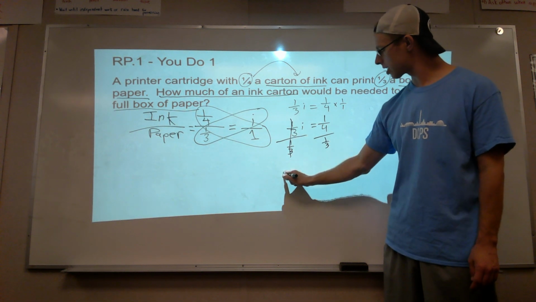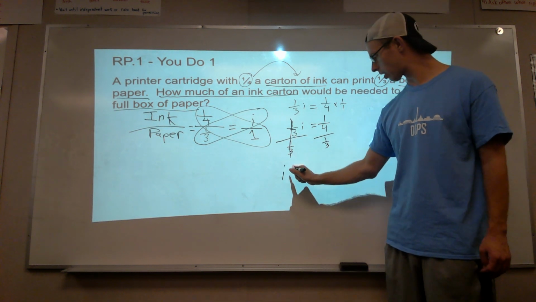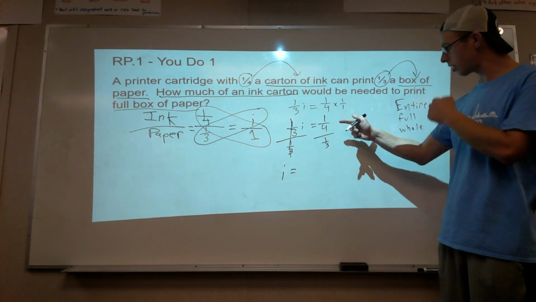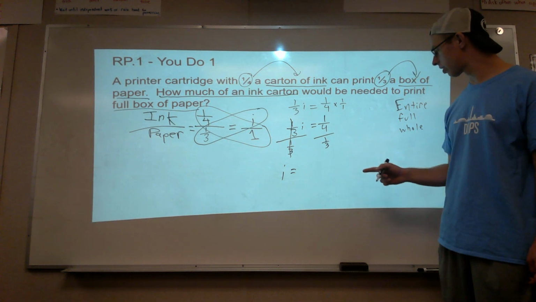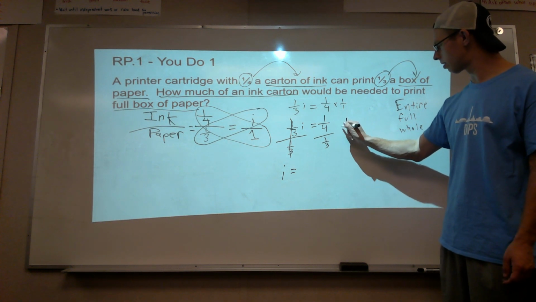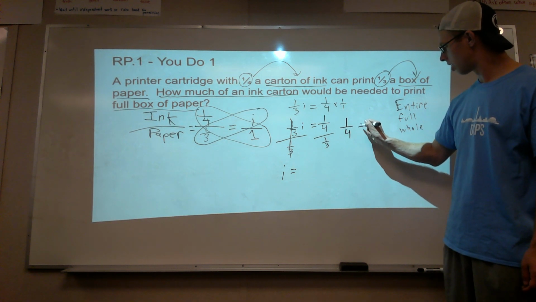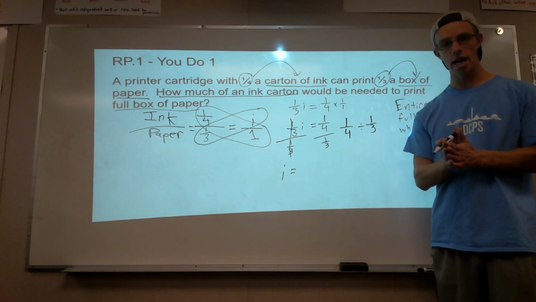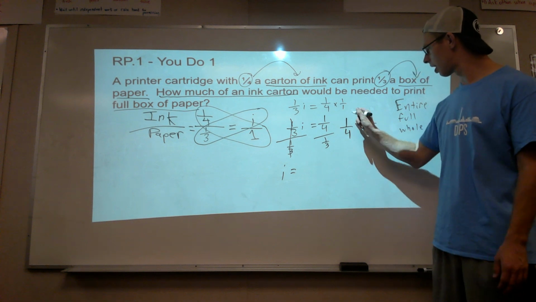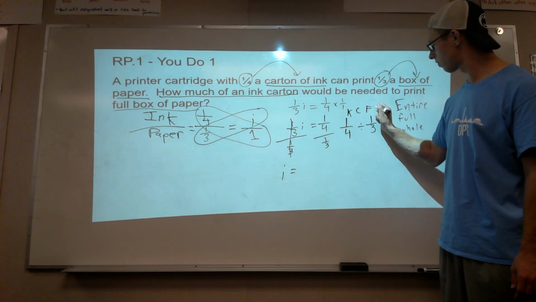When I do that, these cancel out and I get I by itself, which is what I want. On this side, I have 1/4 divided by 1/3.